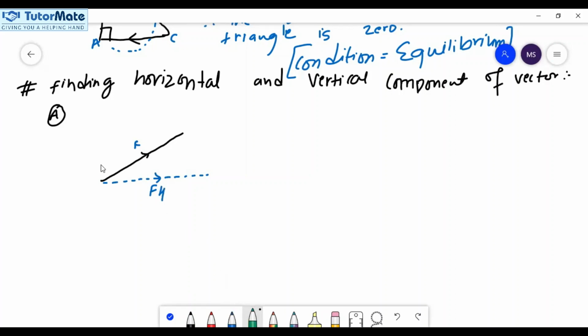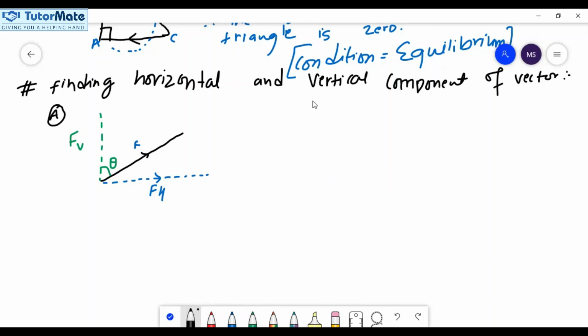And this one here with a green line is the vertical component. Let's denote this as FV. While finding the horizontal and vertical components of the vector, we also have an angle. The angle can be in the vertical direction, or the angle can be in the horizontal direction.